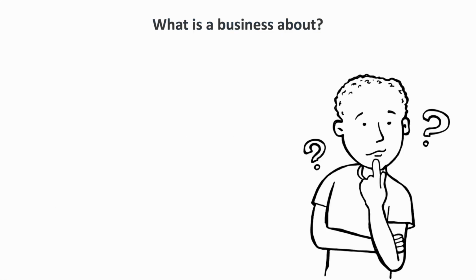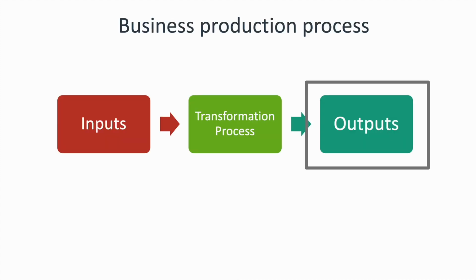So again, what is business? What is a business about? Did we answer those questions? It's about creating outputs that satisfy needs and wants of the society. And we already know that these outputs can be classified into goods and services, and then the goods can be classified further. So looking at the business production process, we covered this stage.